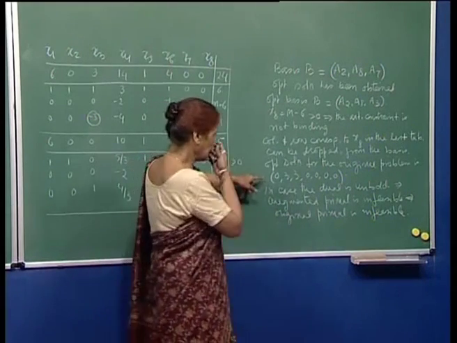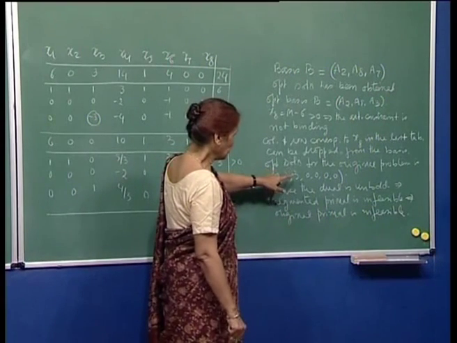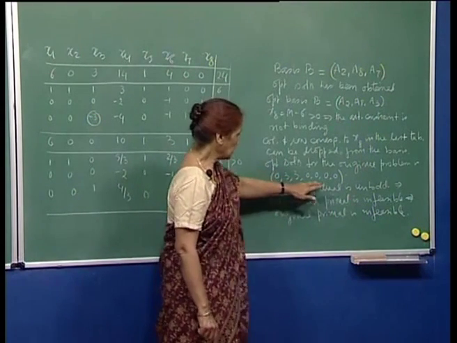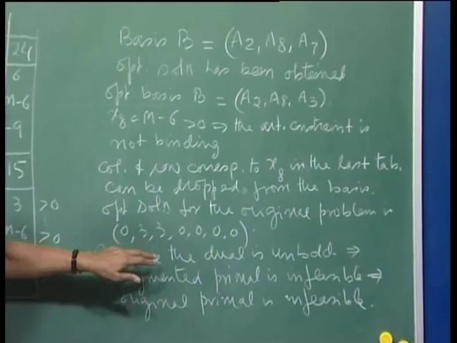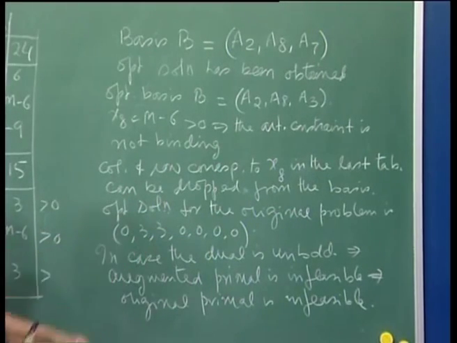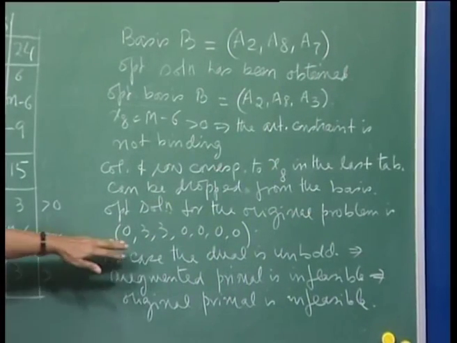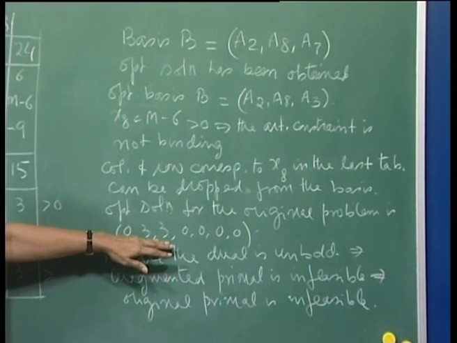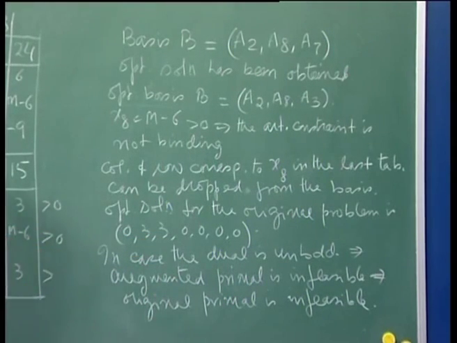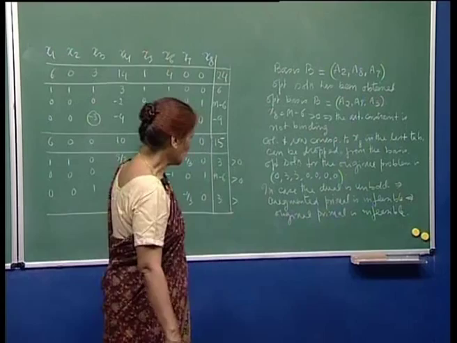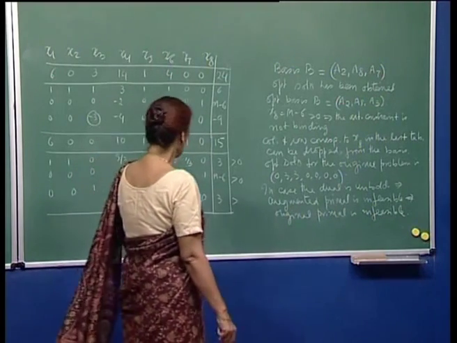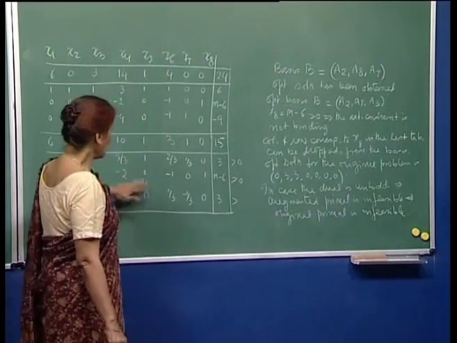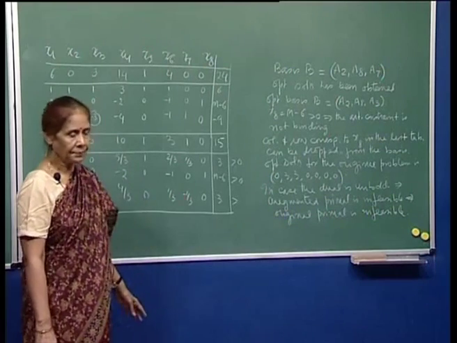And so the solution to the original problem will therefore be this 7-dimensional vector. Now, because you have 2 constraints in the original problem, this is a basic feasible solution and it is non-degenerate, right.